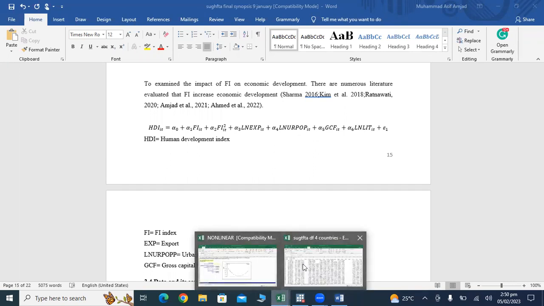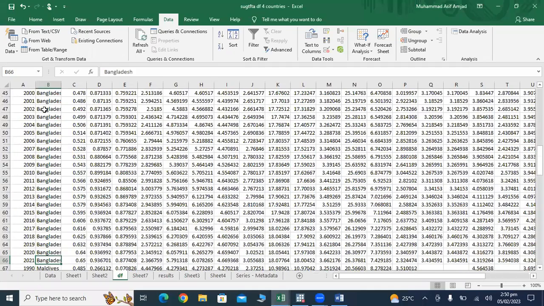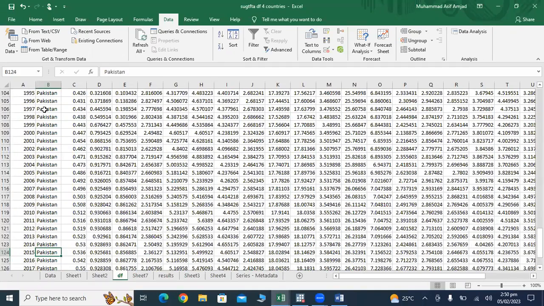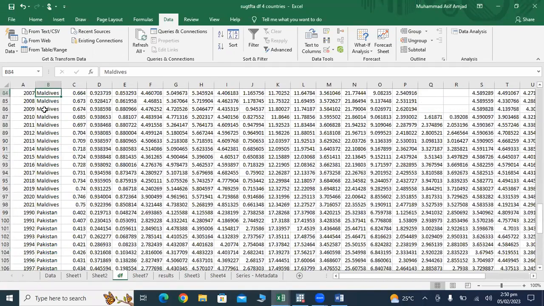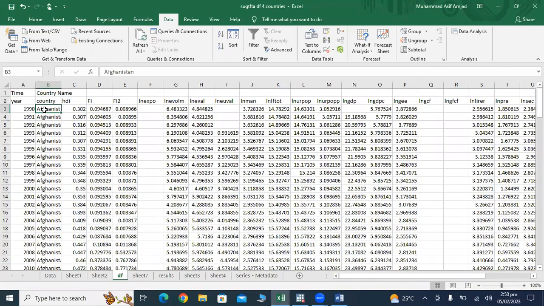This is a panel dataset. Check here: it's Afghanistan, and after this there are Bangladesh, Maldives, and Pakistan. This dataset is taken from the World Bank indicators website during 1992 to 2021.